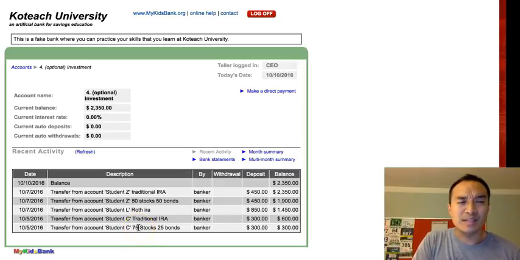So this right here says 75 stocks, 25 bonds, traditional IRA, Roth IRA, 50 stocks, 50 bonds. And this will make more sense further along in the video. And the third and last thing is this tells us how much they want to invest. So it's a good tool to use to figure out who is investing. And we're basically going to take this information and transfer it over to our investment and debt spreadsheet.